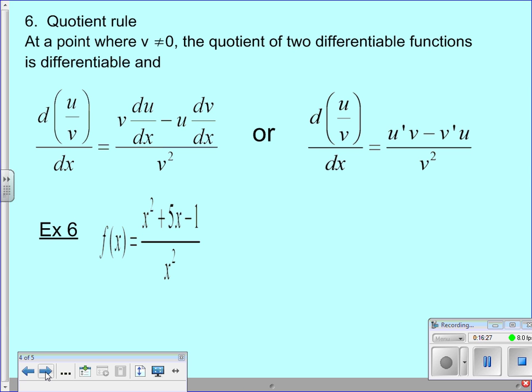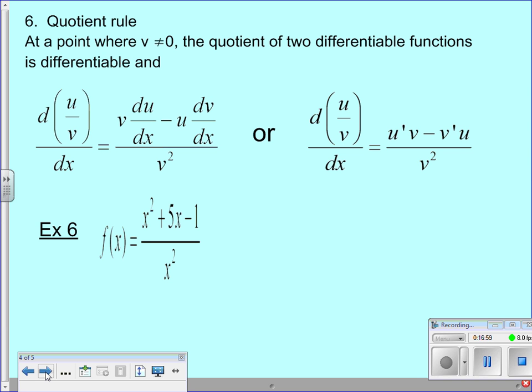And if you thought the product rule was fun, you're going to love the quotient rule. It's very similar to the product rule, with a couple of major exceptions.